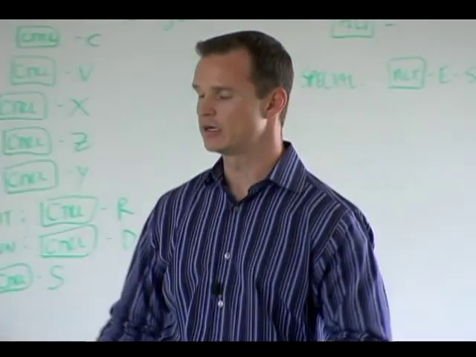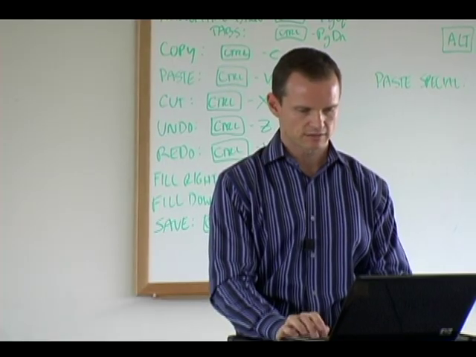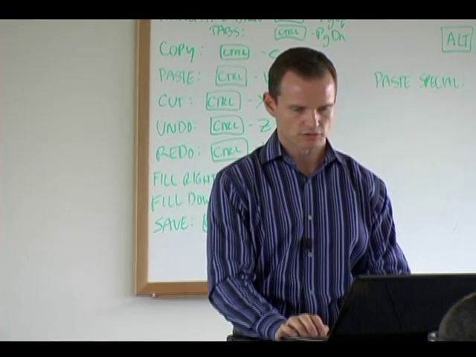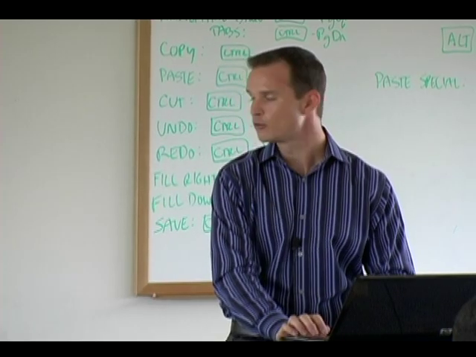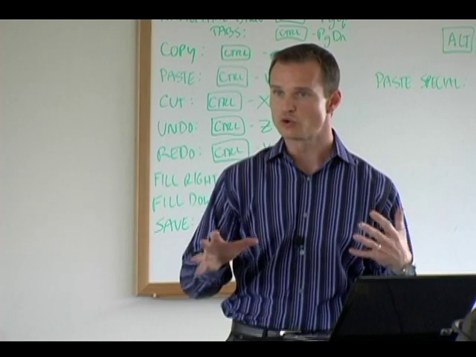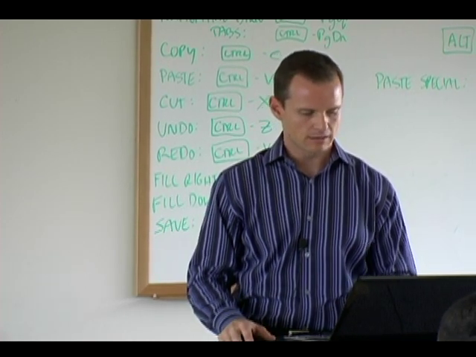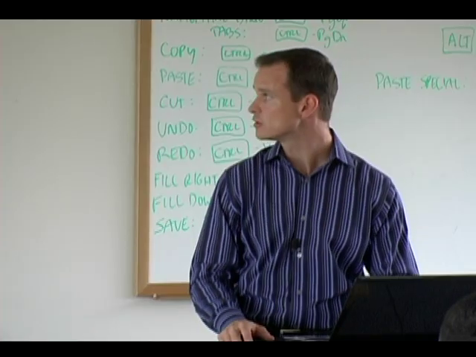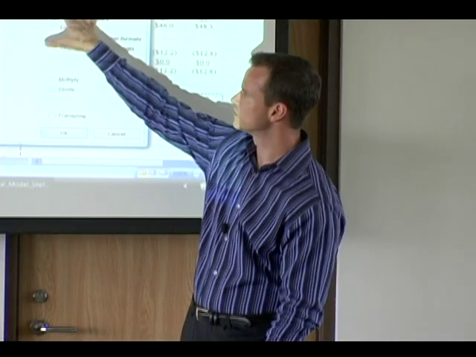And I'll show you what I mean here. So I'm going to select my cells to copy, Control-C to copy. When I select my range into which I want to paste, instead of hitting Control-V to paste, I want to hit Alt-E for edit, S for paste special, F for formulas. Hit Alt-E-S, you should get this pop-up.